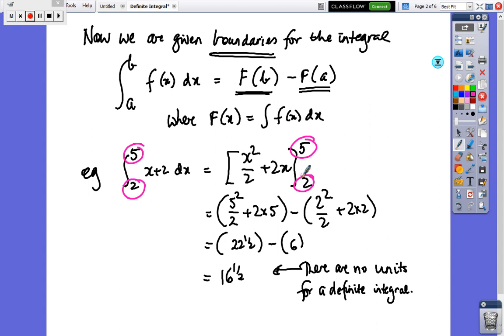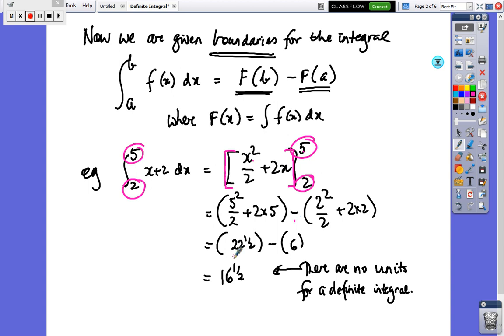This is the technique: you have square brackets for the first part, and then when you make the substitution, you turn it into curved brackets. Where the x is, you put 5, so you've got 5 squared on 2 plus 2 times 5. You always minus, and then you sub in the second number 2, where x is.